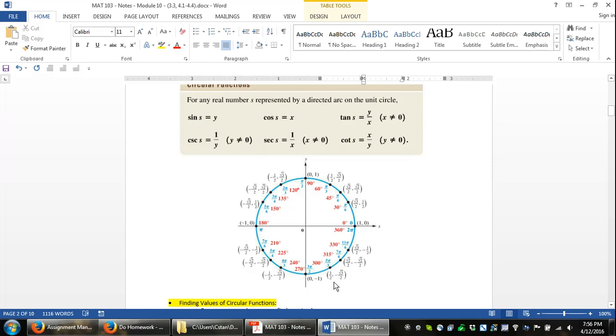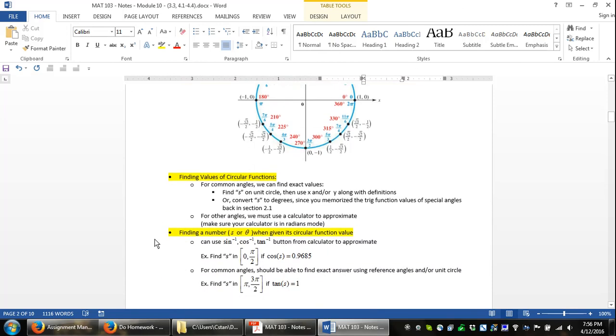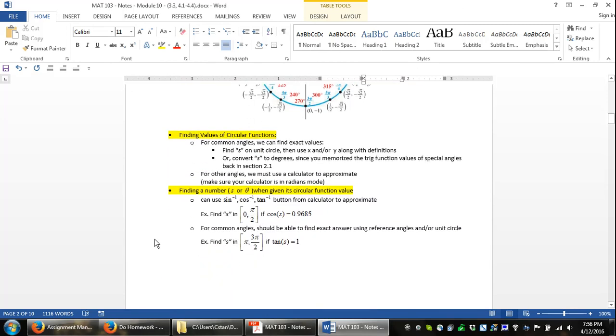The reciprocal of 1/2 is 2 over 1, or just 2. So cosecant and secant are also much nicer. All we do is take whatever fraction you're given and flip it upside down. That should be not too exciting. Not a lot to that.